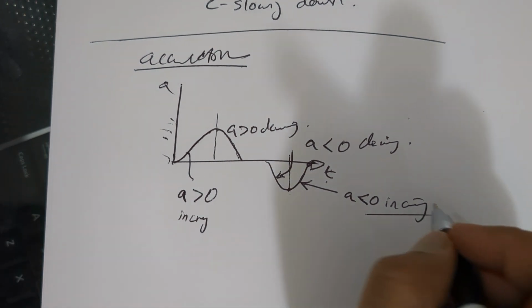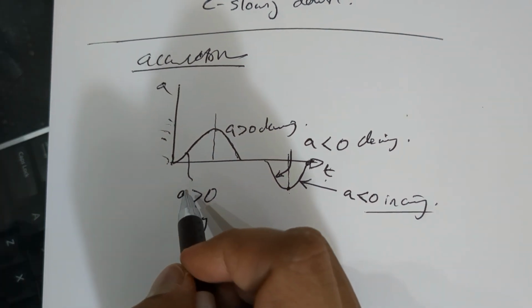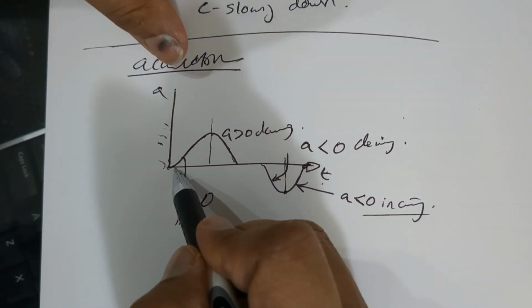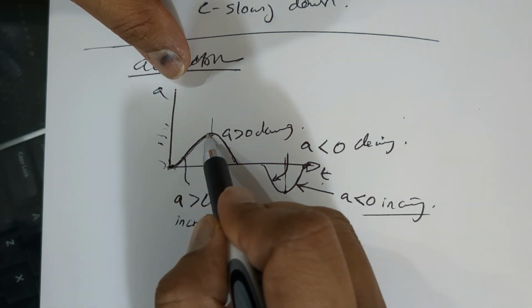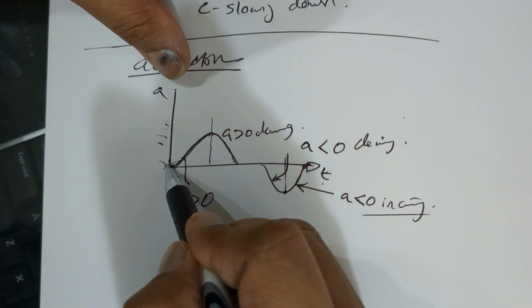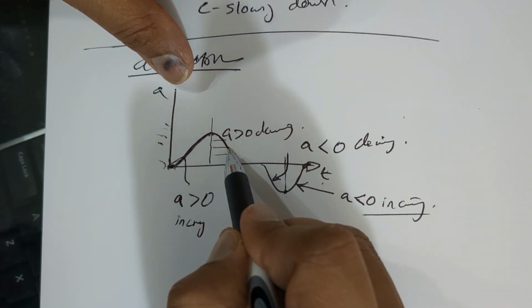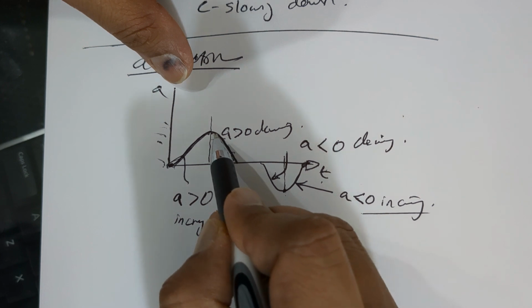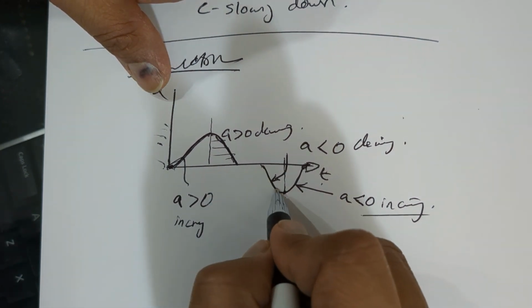In both cases, you have to think about it physically. You're going from point 1 to point 0, and your acceleration is increasing. Right here, even though you're in the positive region of acceleration, your acceleration is decreasing. And same thing here.